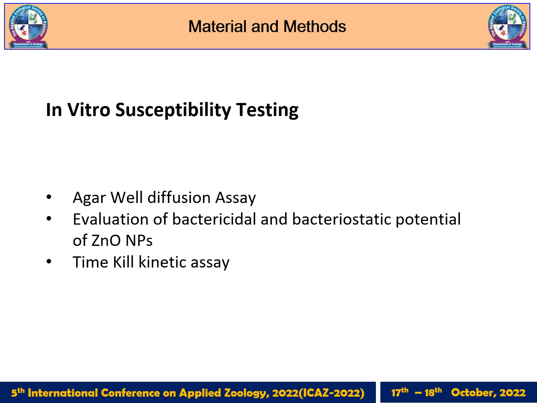For the MIC, in other words the bacteriostatic potential, we performed the conventional method, in which we made an overnight broth and prepared a suspension of the bacteria, added the zinc oxide nanoparticles in two-fold serial dilution in a microtiter plate, and then added the bacterial suspension. We incubated overnight, and after adding the NBT dye we noted the MIC.